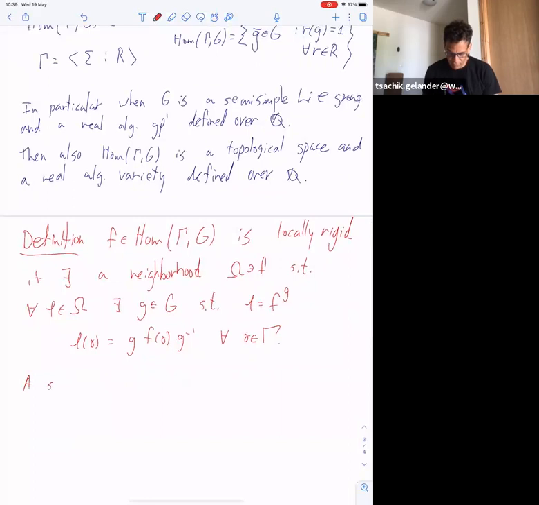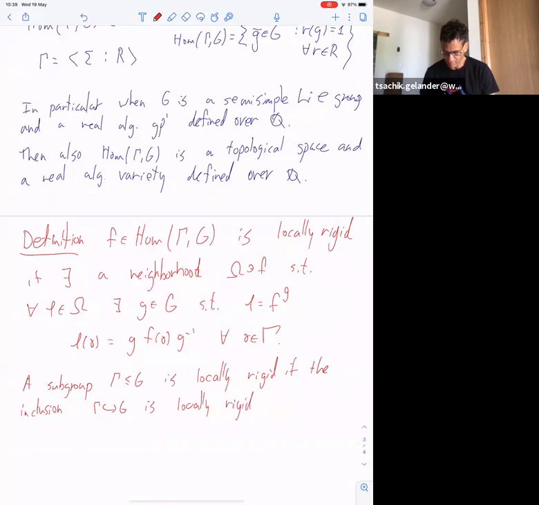And a subgroup Γ in G is locally rigid if the inclusion of Γ into G is locally rigid.